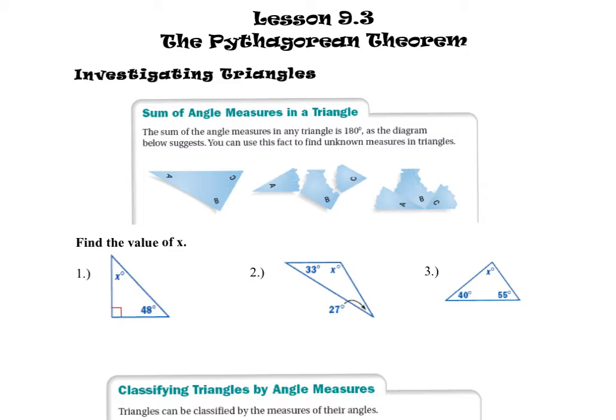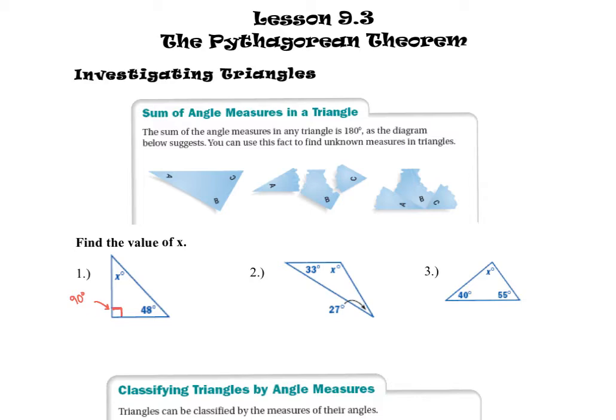So for example, in number 1, if we want to find what x is, well, we know that one angle is 48 degrees, and the other angle, this one is 90 degrees. That's called a right angle, and right angles are always 90 degrees, and we can use that little square there to show that it's a right angle.